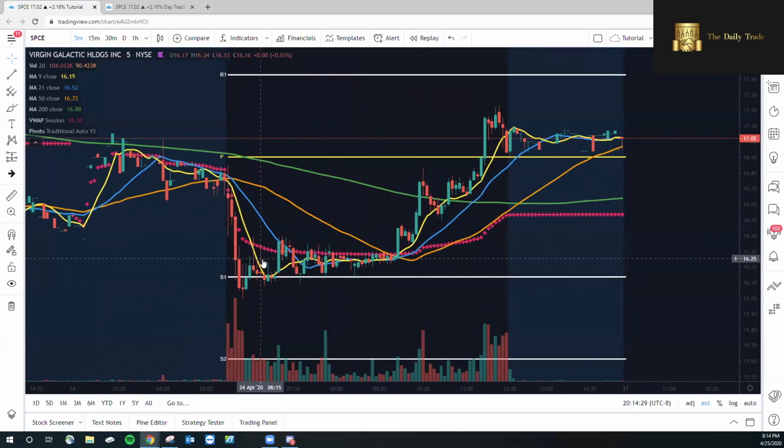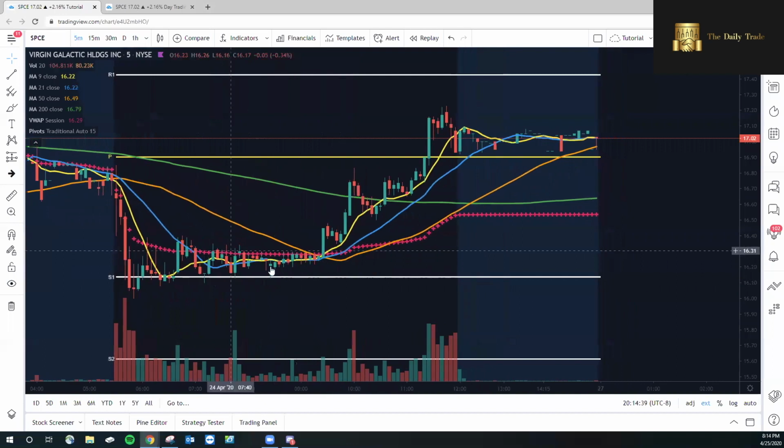And you'll see this a lot: when it crosses over, we're in a bullish area. When we're crossing down, we're in a bearish area. So, pretty much with Virgin Galactic here, we're able to see a nice break of VWAP and continue with volume, which determines a movement with the 9-day moving average here, that we're in bullish territory and we're able to move with the 9-day moving average, which is the fastest, obviously.